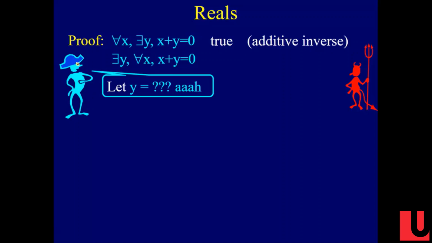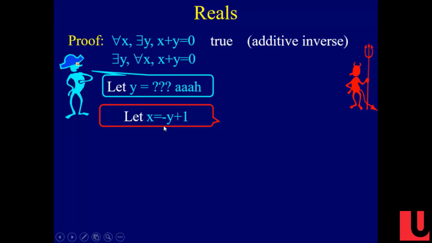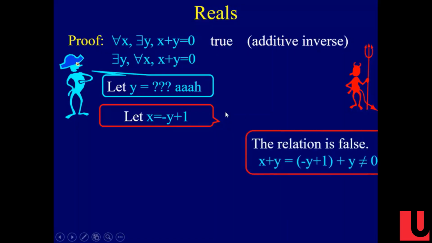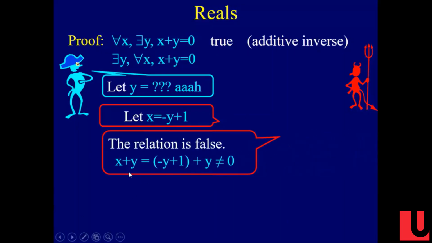And now this guy, the adversary, knows my y and comes up with an x, right? And what's his x going to be? It can be negative y plus 1, right? So then, now you add them together and you don't get 0, right? Y plus negative y plus 1 equals 1.